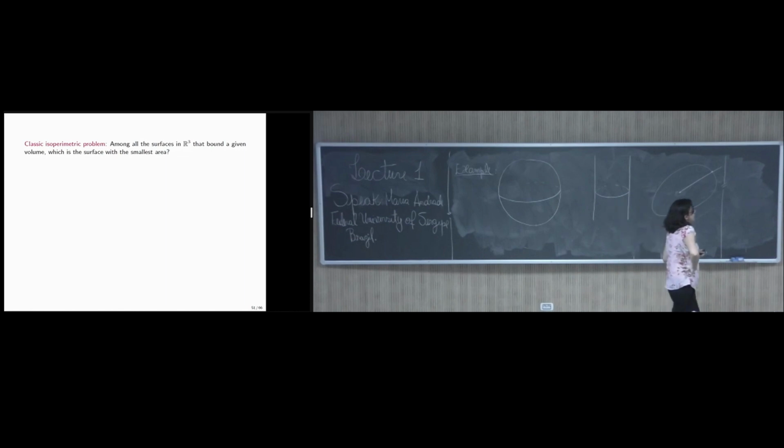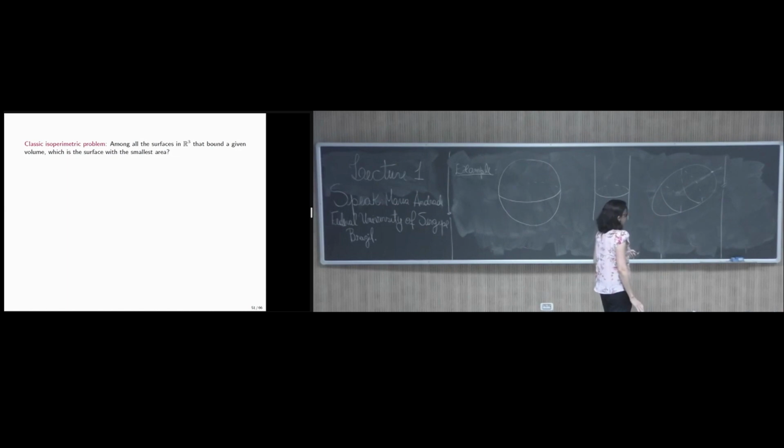Remember the question: among all the surfaces in Euclidean space that bound a given volume, what is the surface with the smallest area? For example, you have this surface, and the volume inside it, and you can ask which surface is the best.